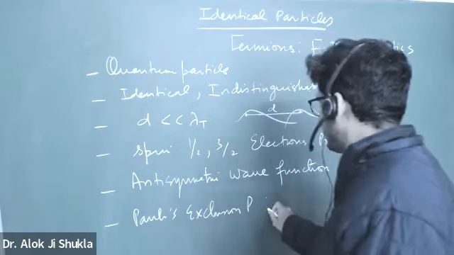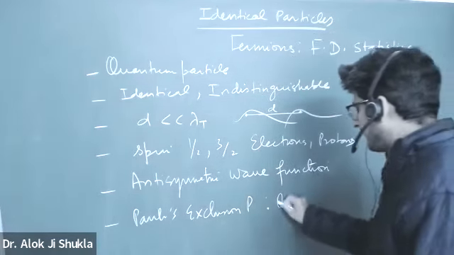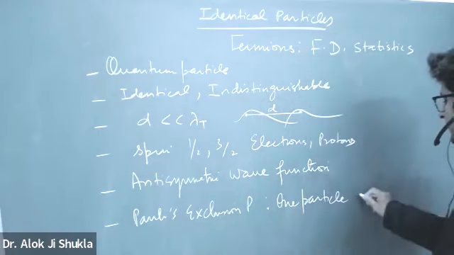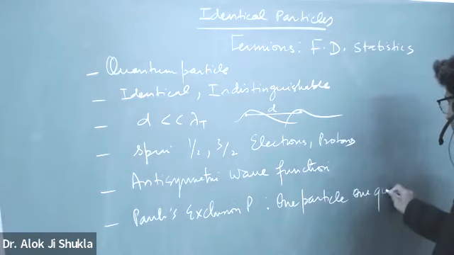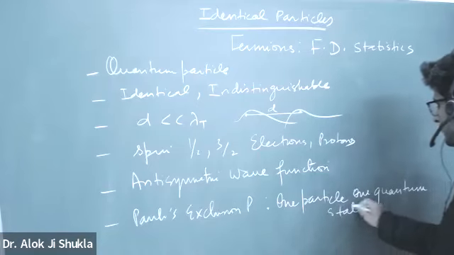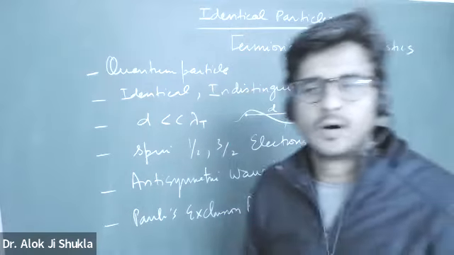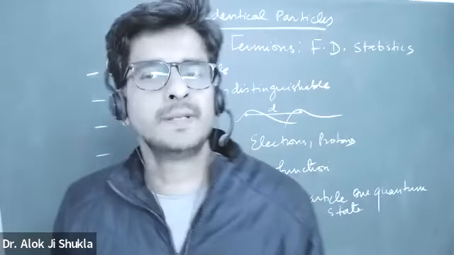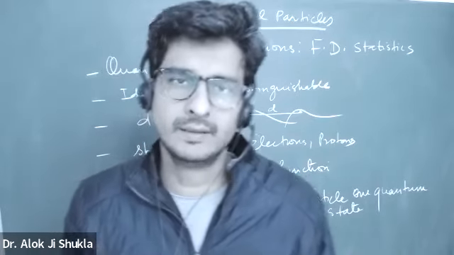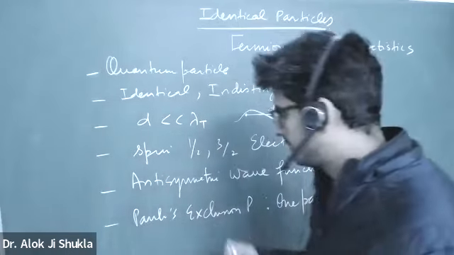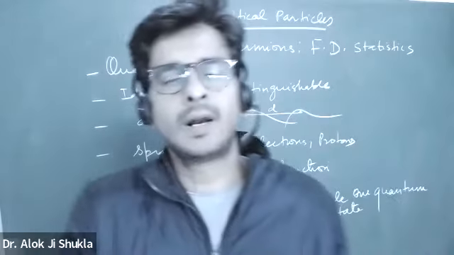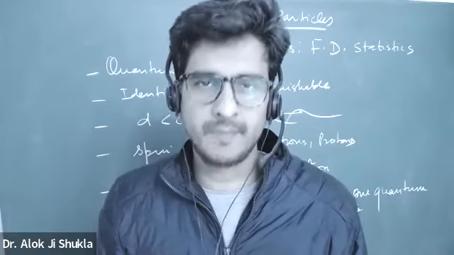Exclusion principle. What is that? One particle, one quantum state. So एक particle और एक quantum state. So that means if you have one quantum state, only one particle can be there. This is Pauli's exclusion principle. Okay. So because of this, the whole solid world around us is made.